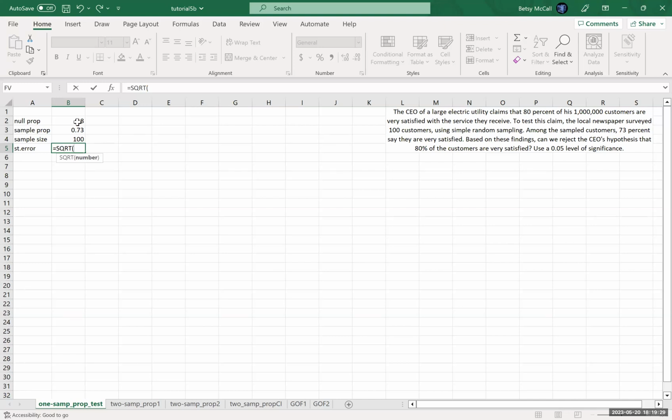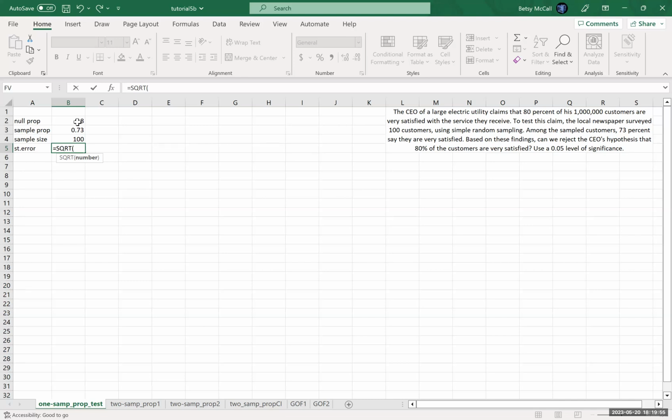This is one of the differences in proportions between doing the confidence interval and doing the hypothesis test. In the confidence interval, we don't have a null hypothesis, so we use the sample proportion. But when we do a hypothesis test, we have a claim that we're testing, and that's the assumption that we make about the data. And then we use that in our standard error calculation.